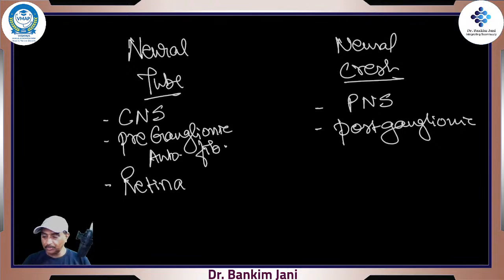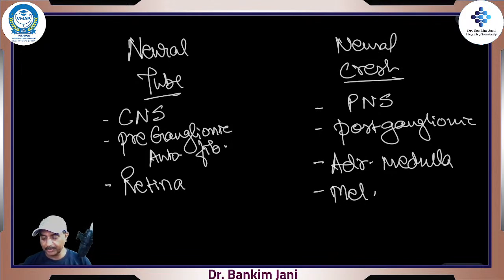When it comes to neural crest, things to remember: adrenal medulla, melanocytes. Not to forget melanocytes, and this would be very important thing, the facial skeleton and the facial muscles, right?